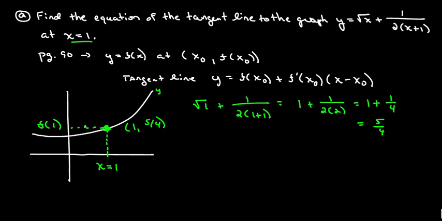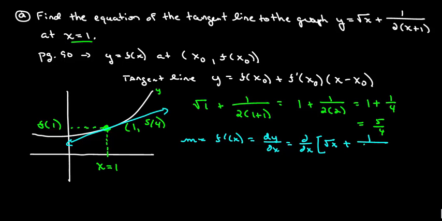Now, the equation of the tangent line, okay, so I'll draw it in as blue. The tangent line is represented as the following. Well, first, the slope of it is given by the derivative of the function. So let's go ahead and take the derivative. So dy dx, derivative of this, is equal to d dx of the square root of x plus 1 over 2 x plus 1.